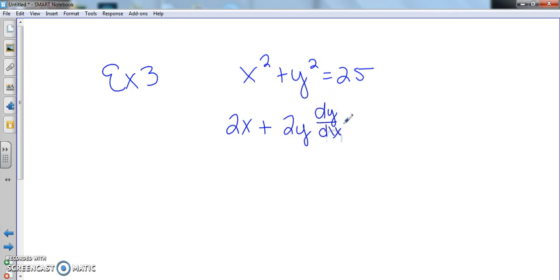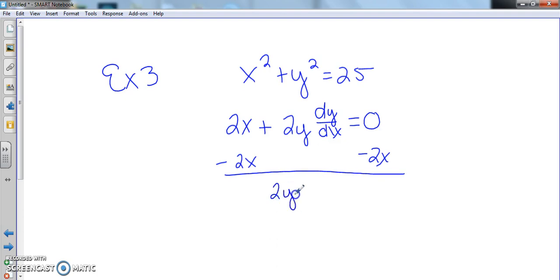And the derivative of 25 is just 0. So now what we have to do is solve for dy/dx. I'm going to start off by subtracting 2x from both sides. That leaves me with 2y dy/dx is equal to negative 2x.